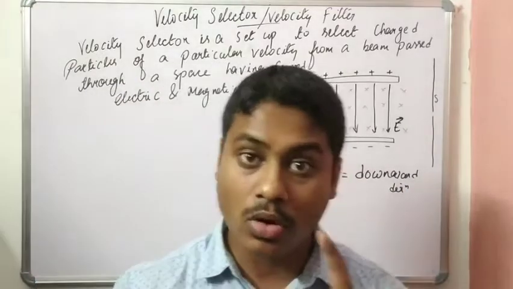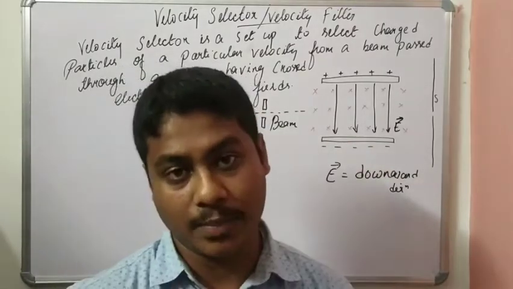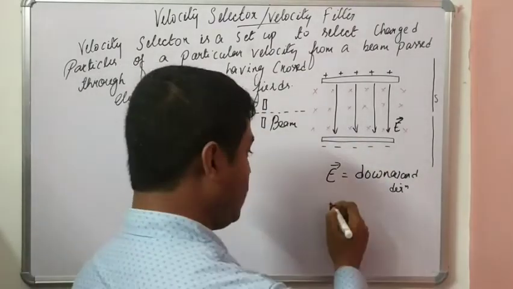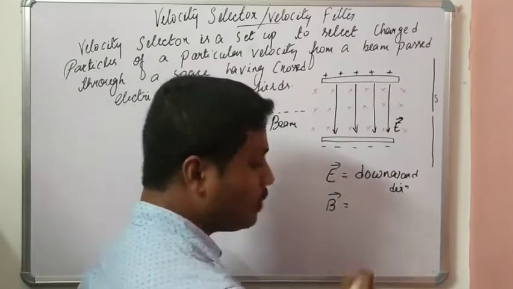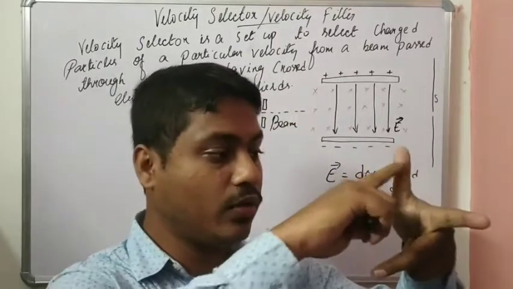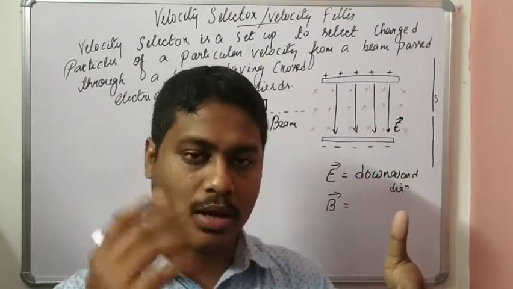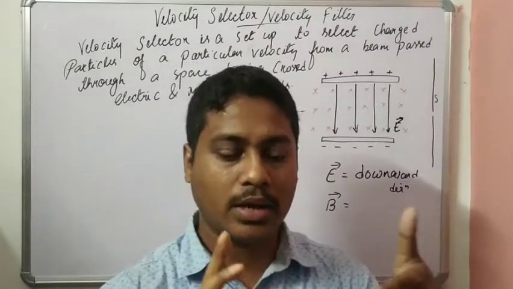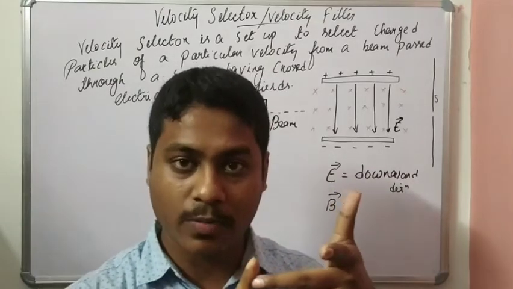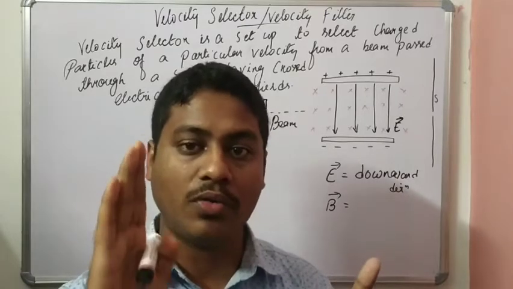Same way, there is not only an electric field, there is also a magnetic field. Because of the magnetic field, we have to use Fleming's left hand rule, that is force, field and current. The direction of the positively charged particle is the direction of current.